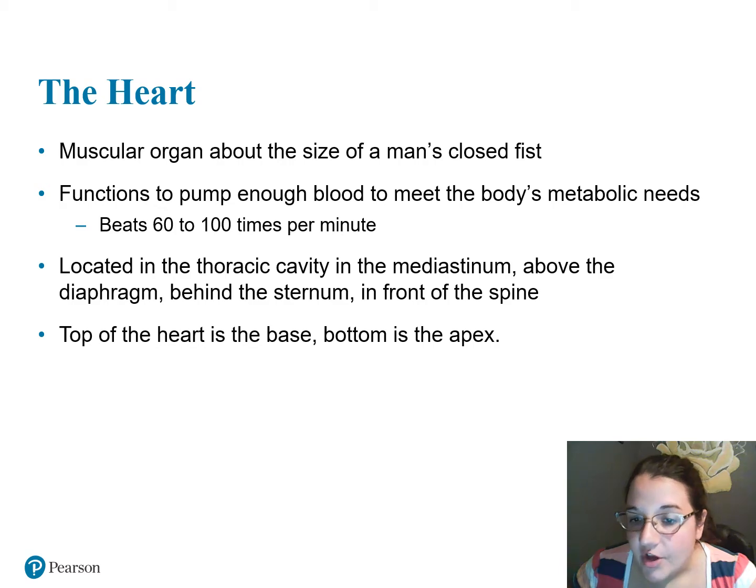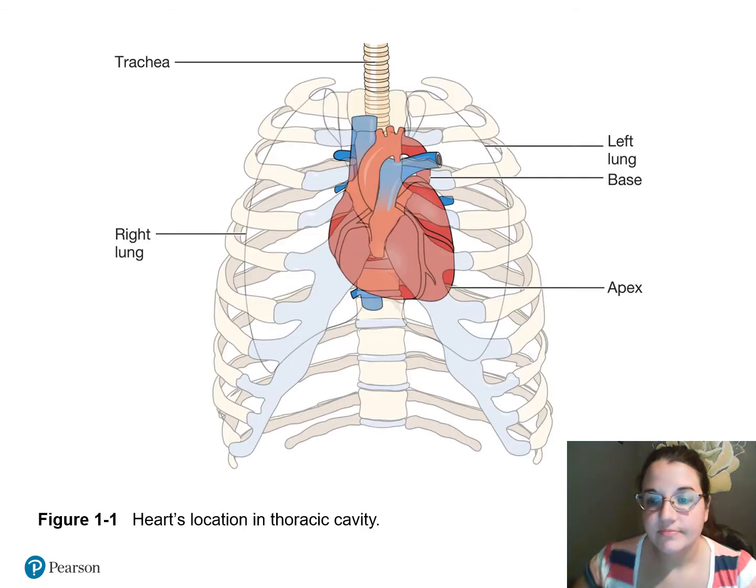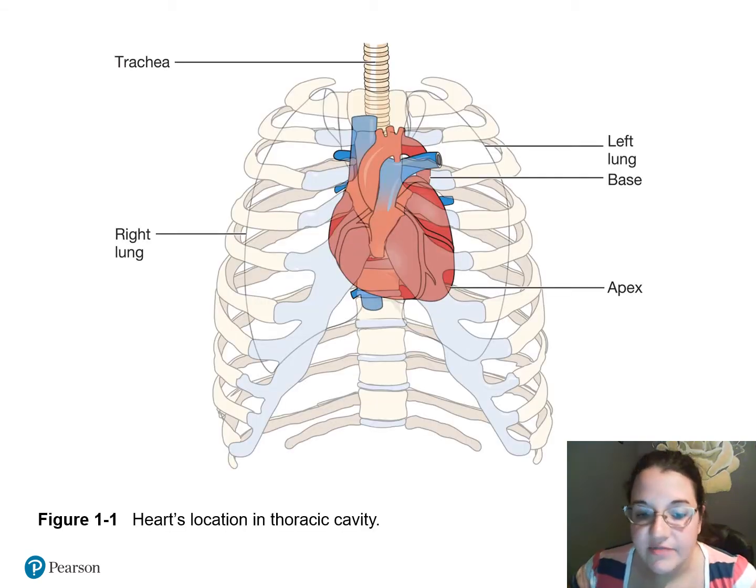The top of the heart is the base, the bottom is the apex. All right, so here it is in a visual. In figure 1.1, the heart's location in the thoracic cavity, and you'll notice this is everything we just said. It is in front of the spine, behind the sternum, above the diaphragm. The apex is the bottom and the base is the top.